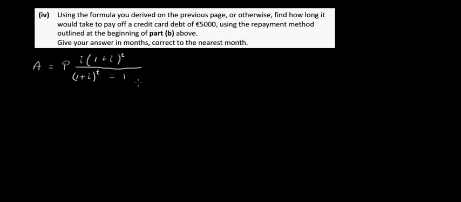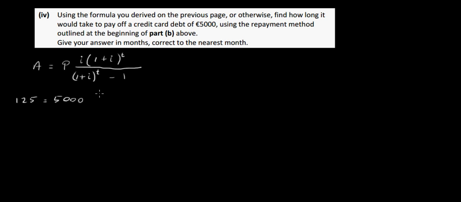Now we know that we're paying back 125 euros a month, so that's what our A is going to be, so 125 on this side. Principal is 5,000 euros, that's how much the loan amount is. Now let's fill out all of these other things here.